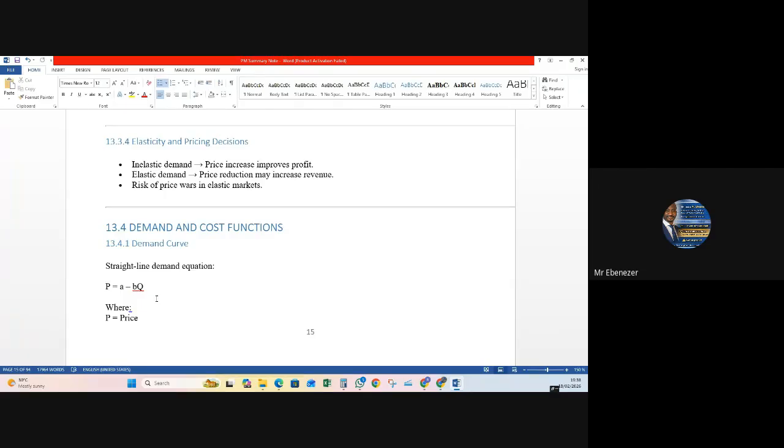But there is a risk of price war in elastic markets. That is, everybody wants to change their price. They want to increase or reduce their price so that they can get customers. So everyone wants to reduce their price, and when you are trying to reduce your price, it can lead you to reduce the quality of your product as well. All right.